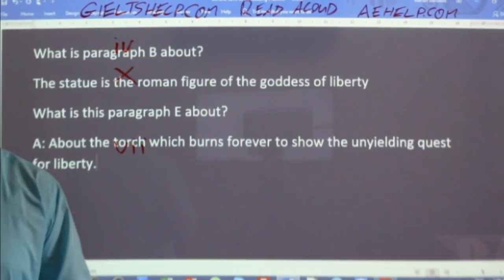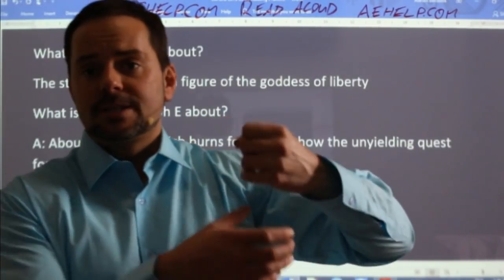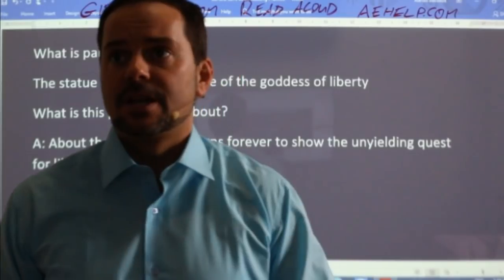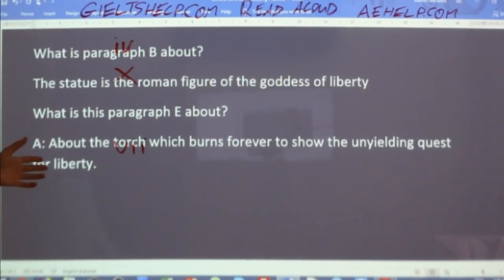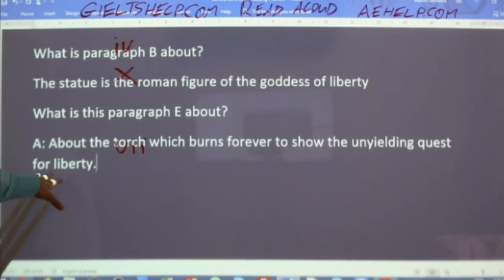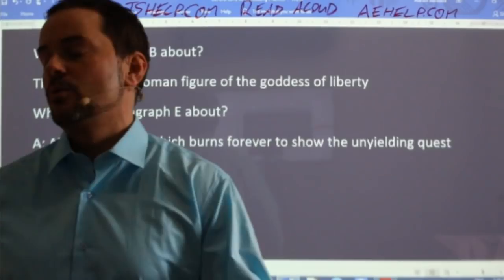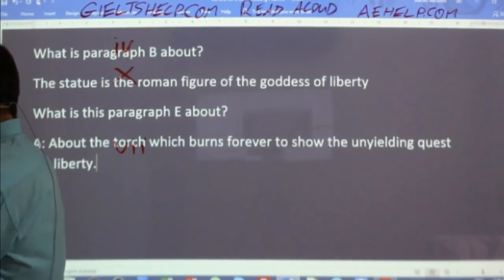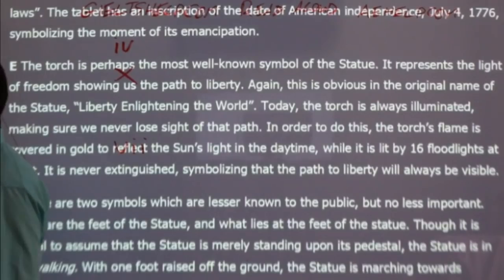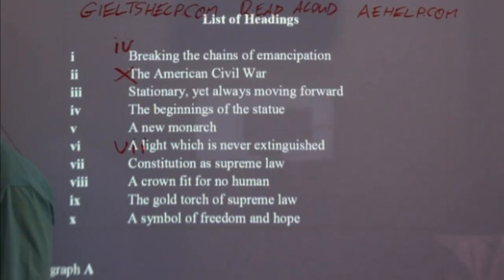You could say this easier. Torch is the actual stick with the fire on top, Zaina. So here I would say it's about the torch which burns forever to show the unyielding quest for liberty. Unyielding means never-ending quest, okay? So that's what I would say. So now I go back and I match up the one that I believe is the closest to that.